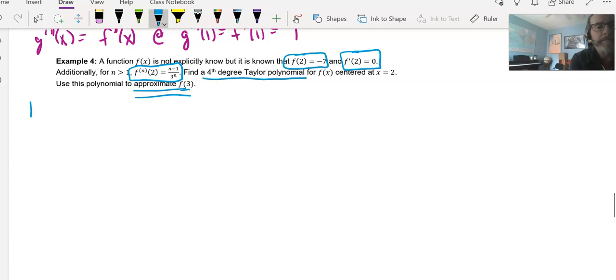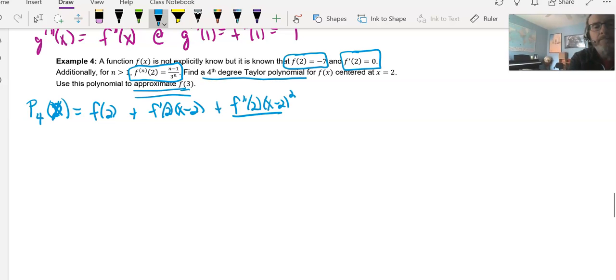So again, start off by thinking about what our polynomial should look like. Our polynomial at x would, in this case, look like f of 2 plus the derivative at 2 times x minus 2, and so on and so forth.